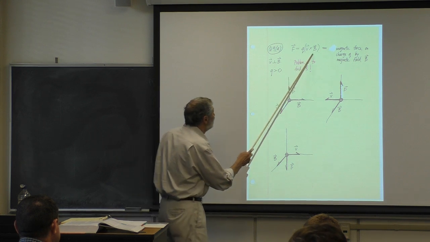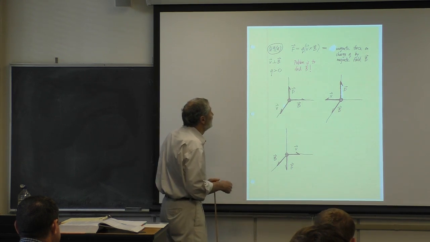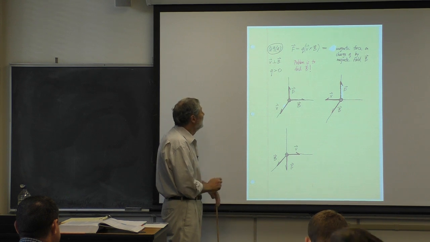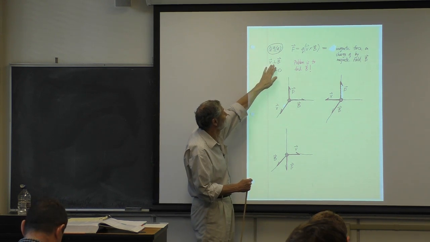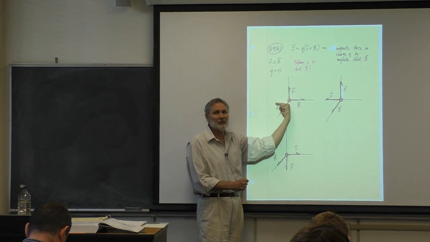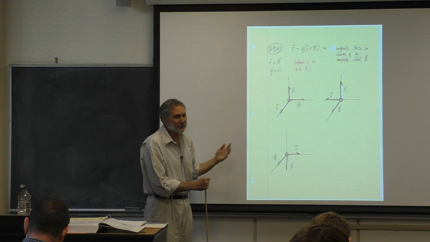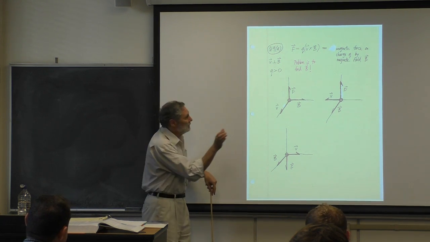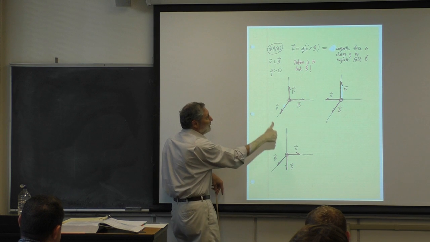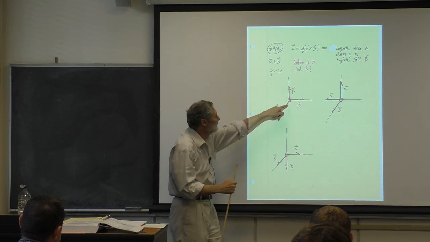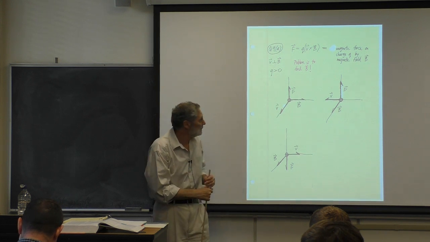It has to be such that v cross B is in the F direction. There's only two possibilities if B is perpendicular to v. It's either this way or that way. You can just pick one and try it, and you can see that this is what works. If you take v cross B, you get F. If B were pointing this way, you'd be getting the force in the opposite direction.